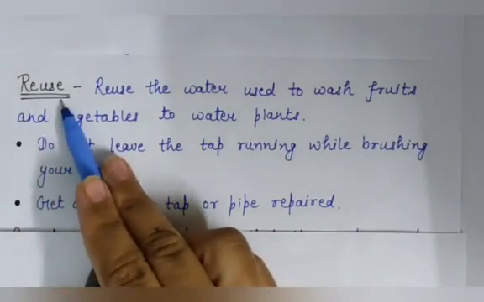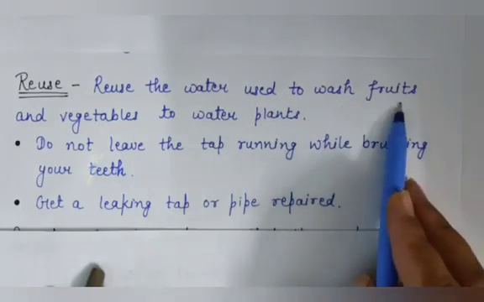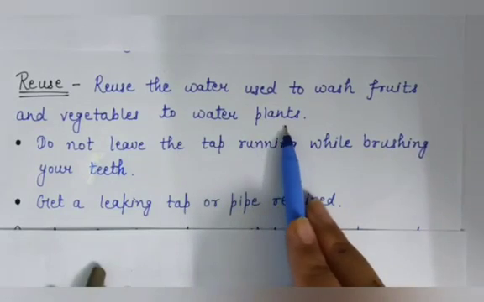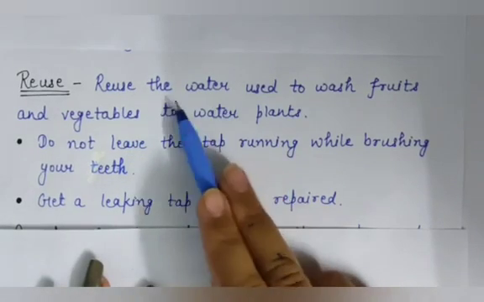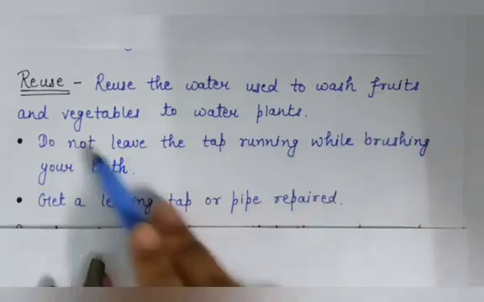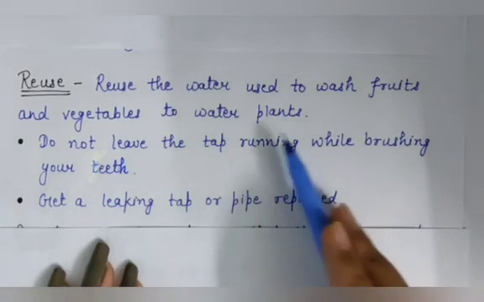Next is reuse. It means reuse the water used to wash fruits and vegetables to water plants. It means that we should reuse the water. Okay, the water which is used for washing fruits and vegetables can be used again in plants.